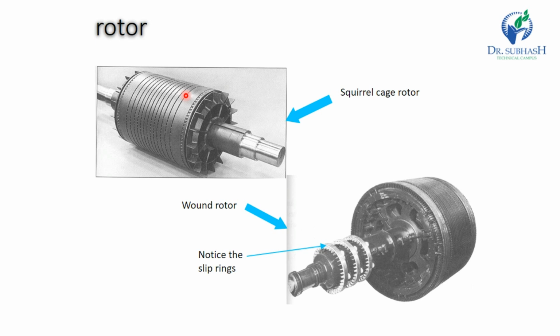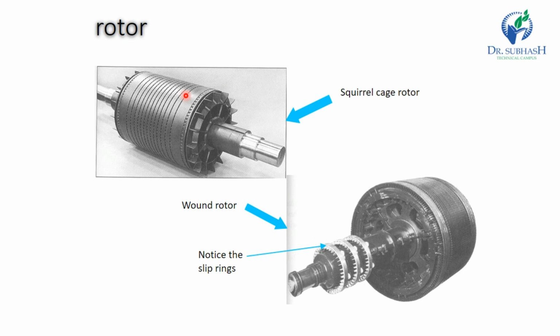Therefore, it is not possible to add any external resistance in the rotor circuit. The rotor body is made of silicon steel stampings, and the construction of the rotor looks like a cage of a squirrel, and hence it's called a squirrel cage rotor or a squirrel cage motor.